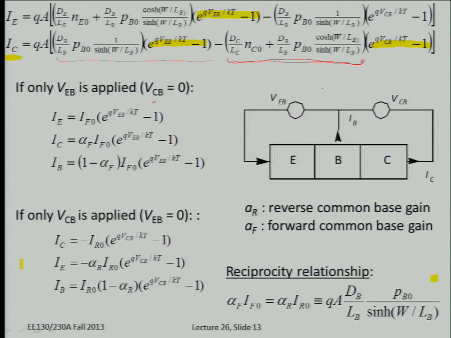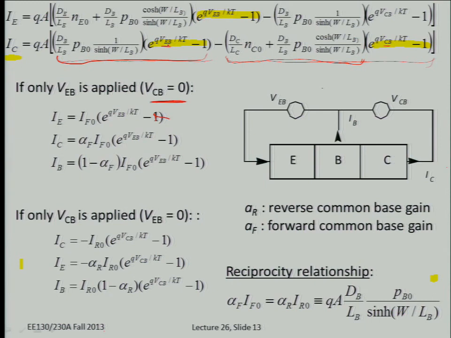So if you have no base collector voltage applied, in other words, if VCB is 0, then you have no current flowing across the base collector diode. So there really should be no base collector junction diode current. But you do have current collected by the collector due to the emitter junction. So that's this term here, and it is dependent on the base emitter voltage.